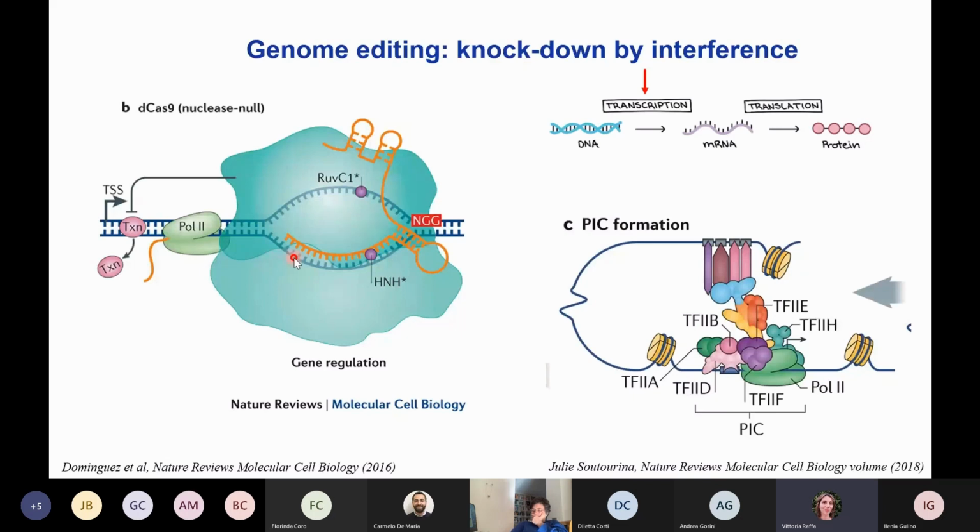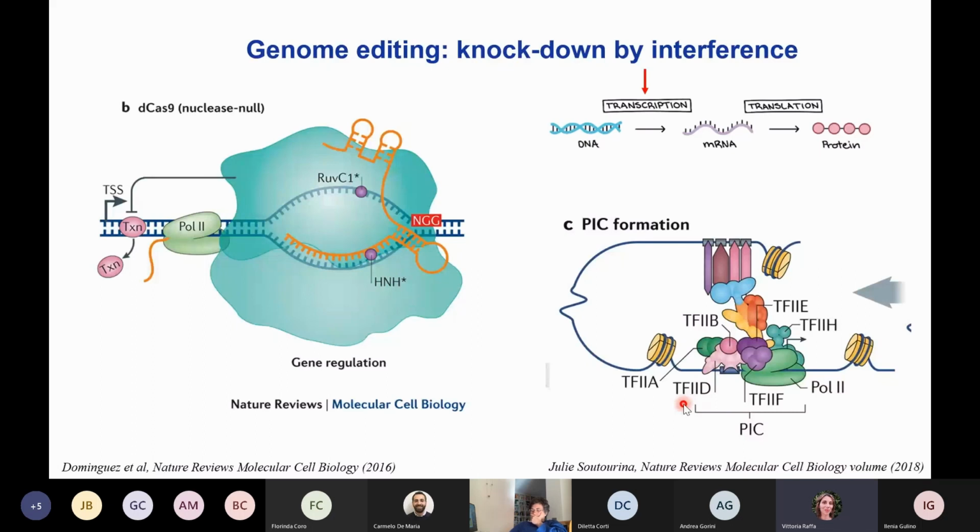The idea is that, as I told you, the expression of the messenger RNA happens because there is an enzyme, the RNA polymerase, which binds to the gene and transcribes the RNA. So the idea is to target this enzyme to the gene in order to prevent the RNA polymerase from binding to the gene by steric hindrance.